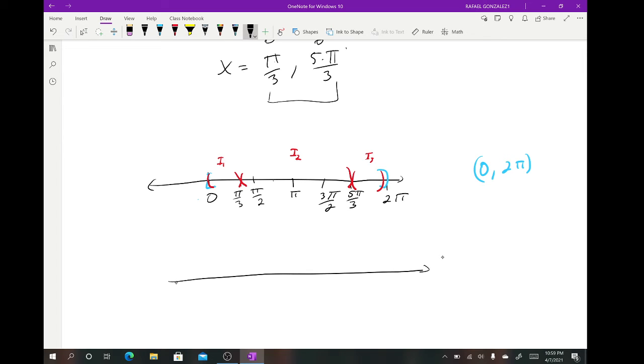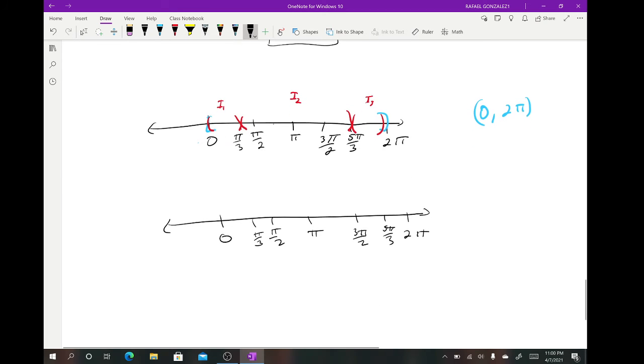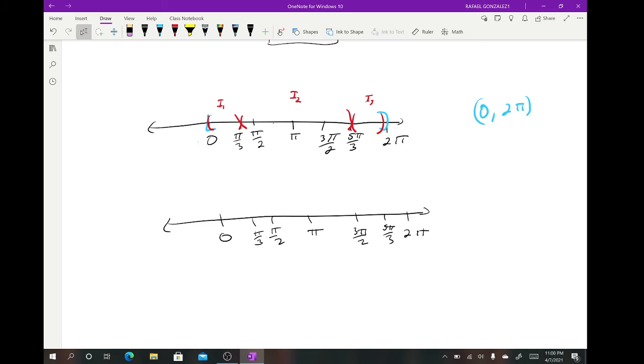So let me just redraw this again. So we have 0, pi, 2 pi, 3 pi over 2, 5 pi over 3, pi over 2, and pi over 3. All right, so what am I going to actually do?